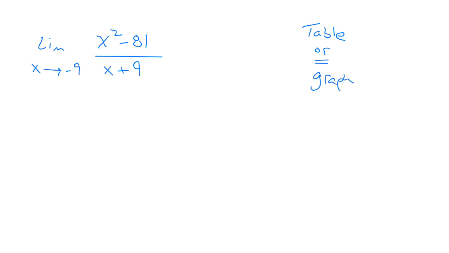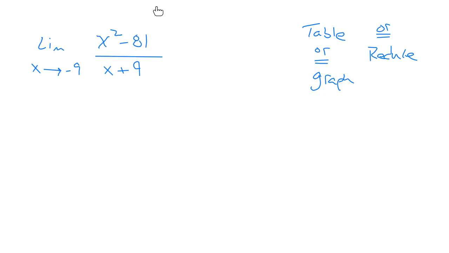With some of the other problems, I've drawn graphs and asked you how you can do the limits based on the graph. And the third option is you can reduce what you have. This is one of the problems where it would probably be best to reduce, because x squared minus 81 is the type of thing that we know how to reduce. Like when we take algebra, we learn how to factor and cancel like terms and so on.